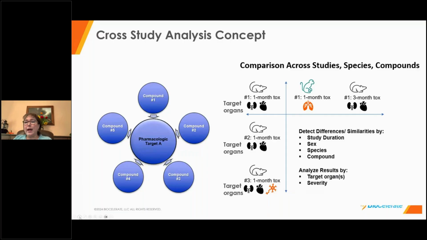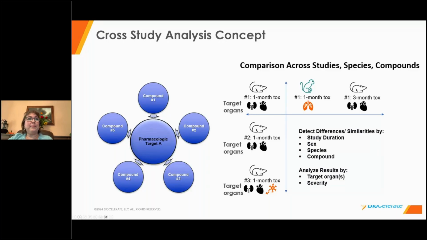You can look at the same compound over time across species. You can detect differences and similarities by study duration, by sex, by species, by strain, or by particular compound. And the end result is really to give you information on the target organs of toxicity, as well as the severity of those findings. And that is really the intent.